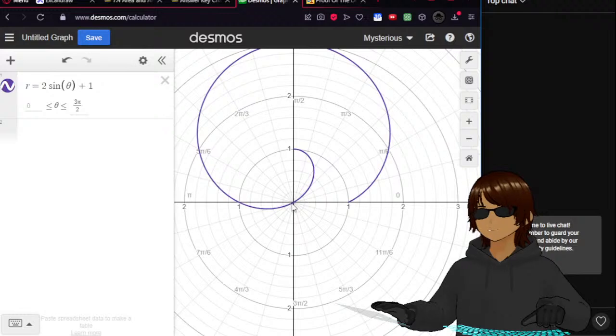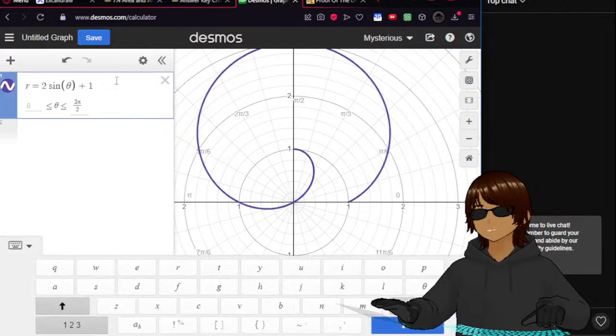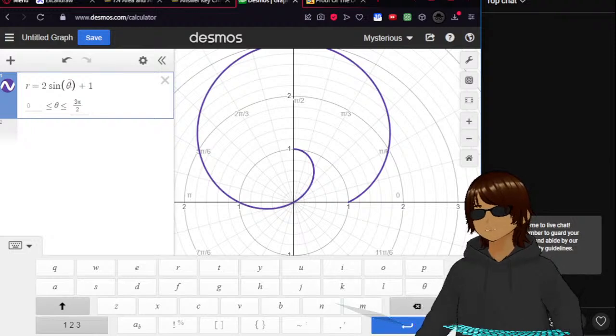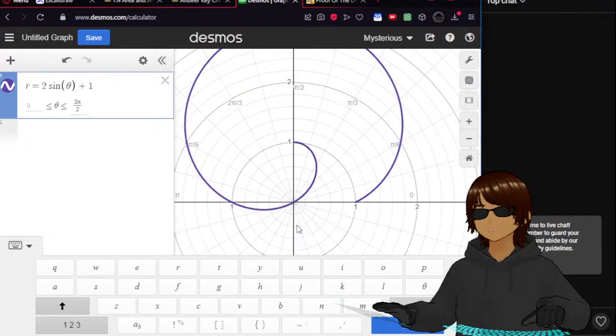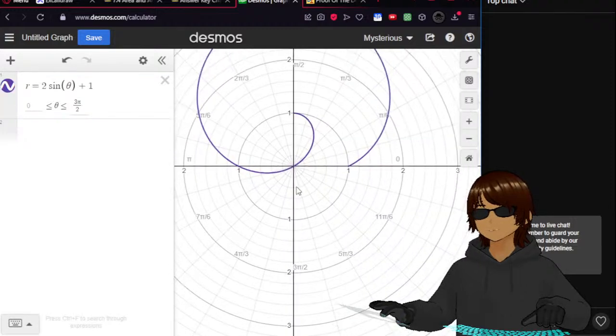So when is r equal to 0? Is that when theta is arc sine minus half, right? Which is what?